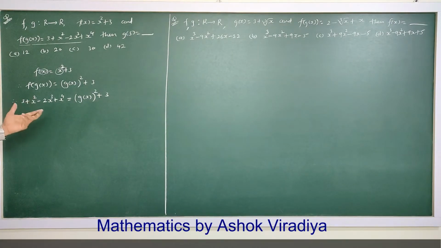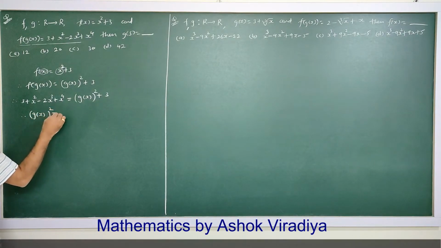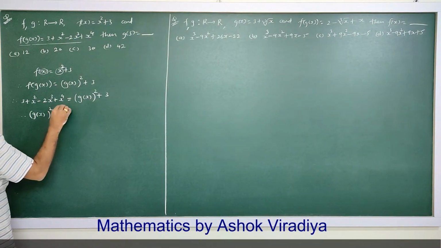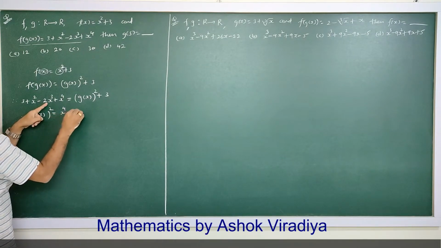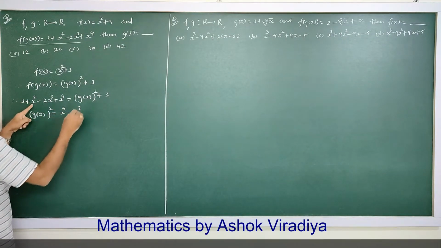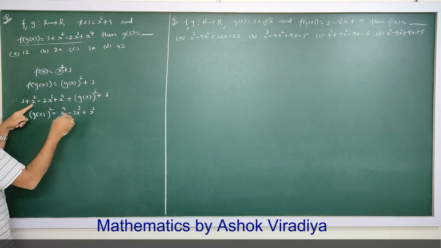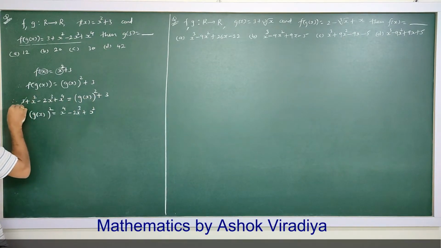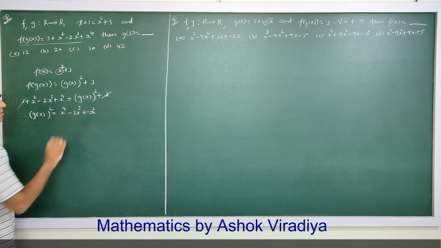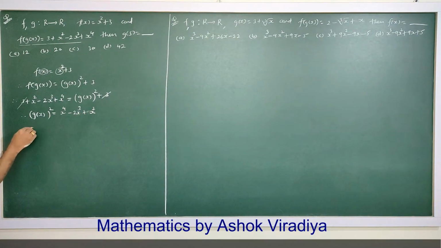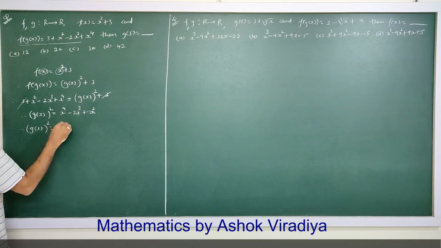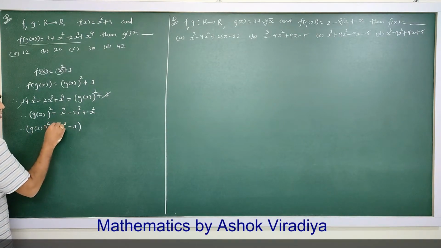So we are going to get the value of g(x). So g of x whole square equal to x raised to 4 minus 2x cube plus x square, and this 3 will be cancelled. So therefore g of x whole square equal to (x square minus x) whole square.